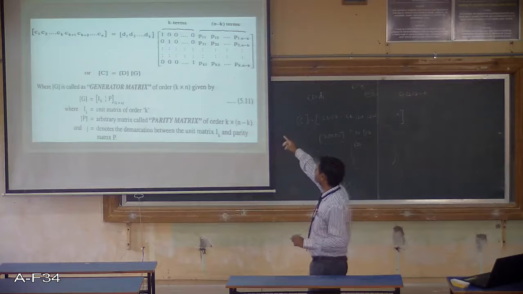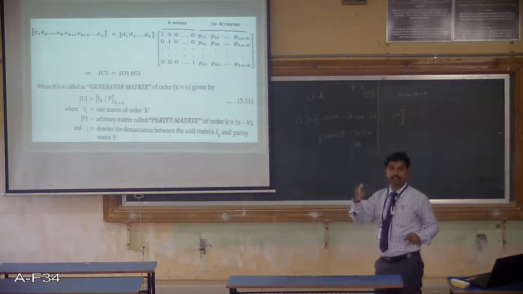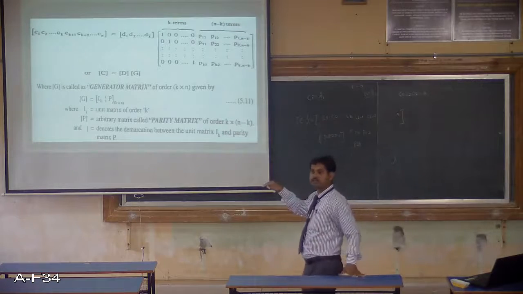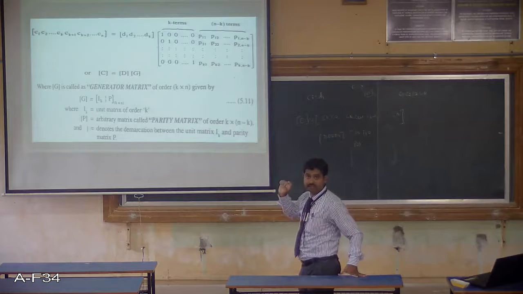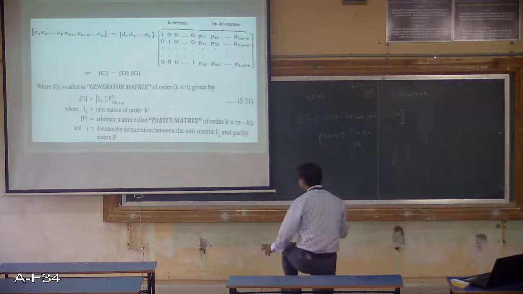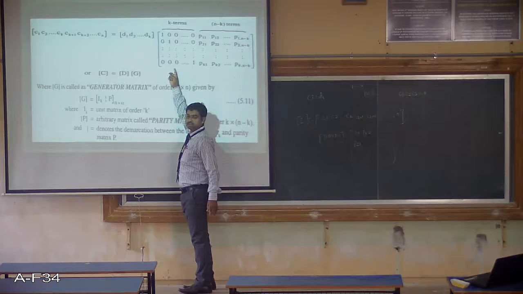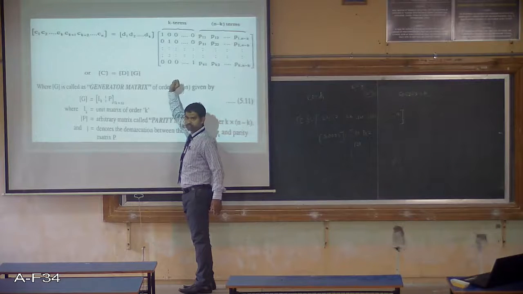How to get it? It is just a multiplication of D1 to Dk with some matrix. Okay, what is that matrix? In that matrix, it has certain elements here. It looks like an identity matrix.